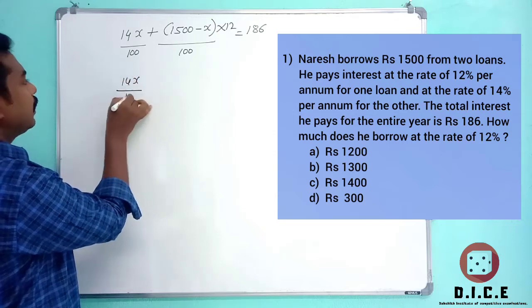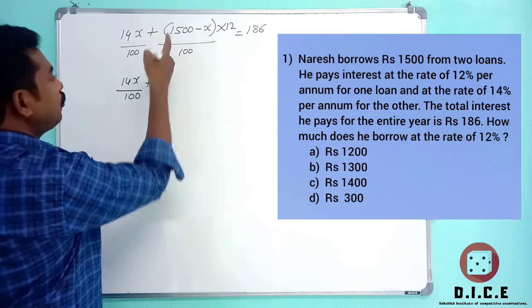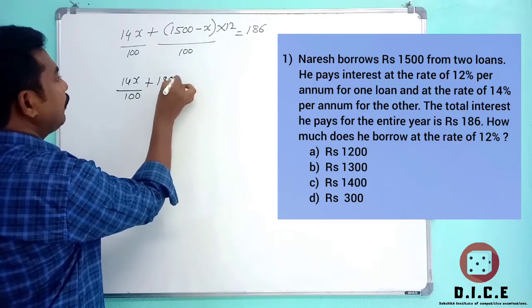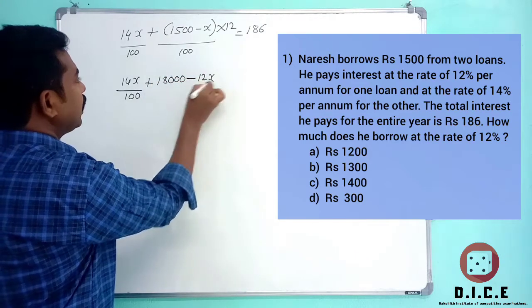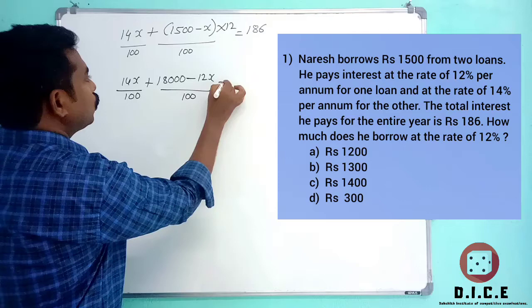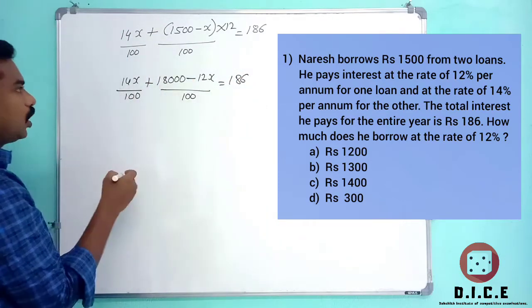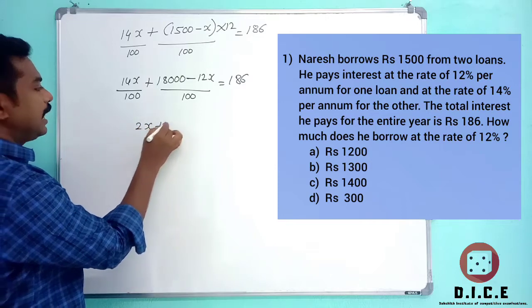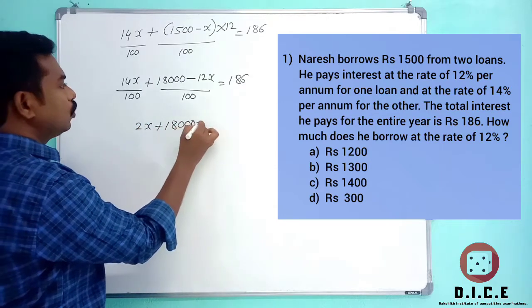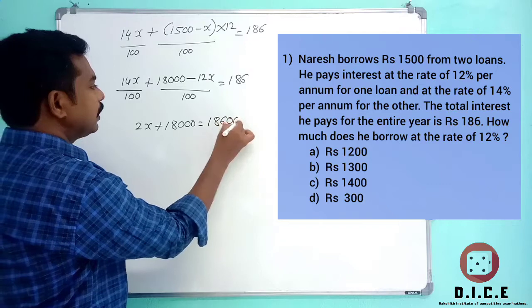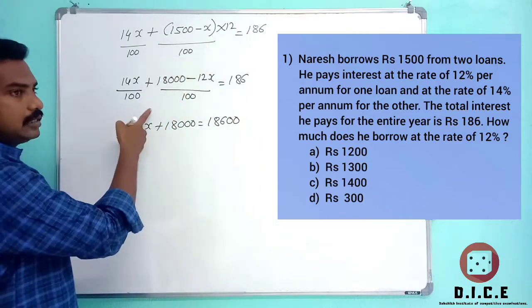14x by 100 plus 12 into (1500 minus x) by 100 is equal to 186 rupees. Therefore, 14x minus 12x, that will be 2x, plus 18,000 is equal to 18600, because 100 goes to that side, and 100 is the LCM here.